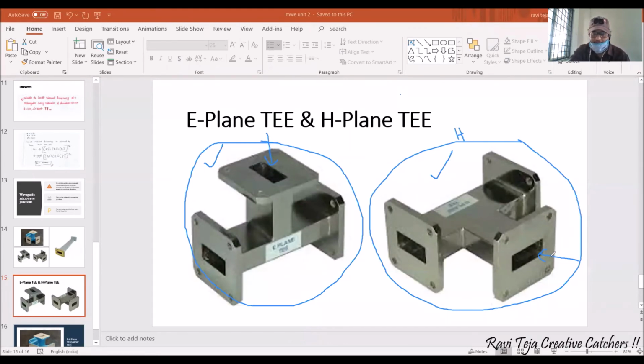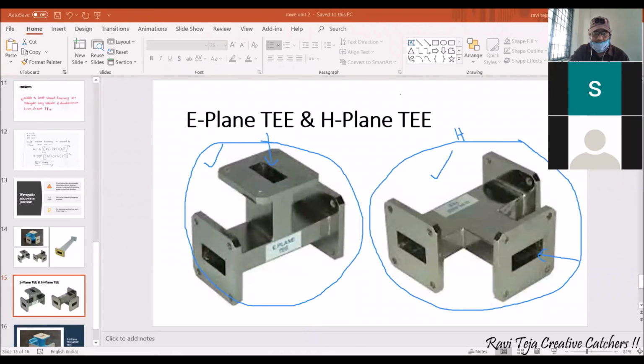But you need to remember, whenever we are using microwave junctions, you need to see whether the propagation is TE mode or TM mode, and whenever there is a necessity of splitting our microwave signal into several directions, which plane we use depends on the field. If the electric field is propagating in the Z direction of the waveguide, we need to use the E plane T. Whenever a magnetic field is propagating in the Z direction of a waveguide, we need to use the H plane T. For each field, they have designed a separate waveguide.